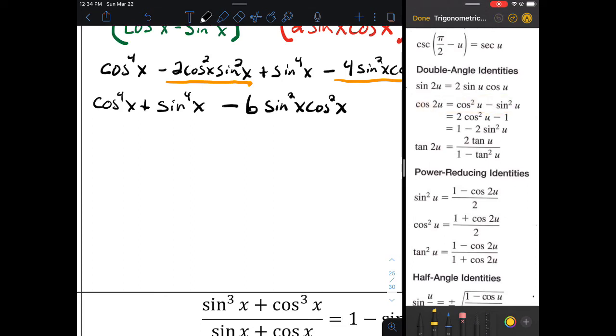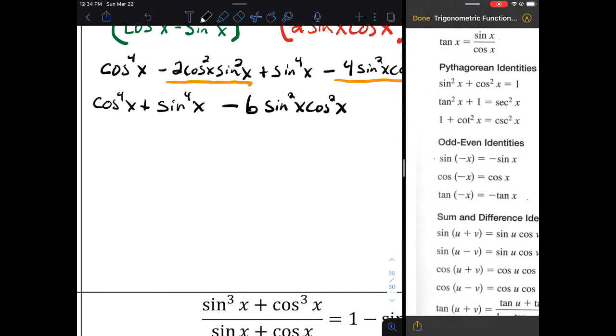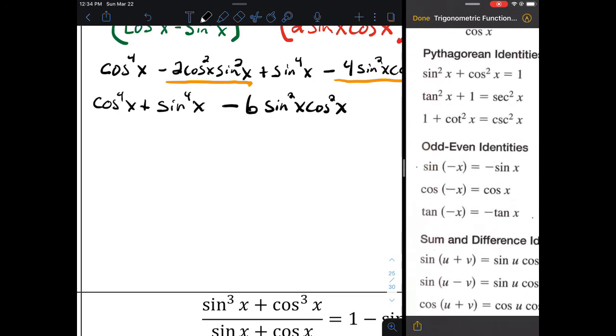Now my Pythagorean identities are of power 2s. And so I'm going to say, all right, well, cosine to the 4th power is really cosine squared x being squared.